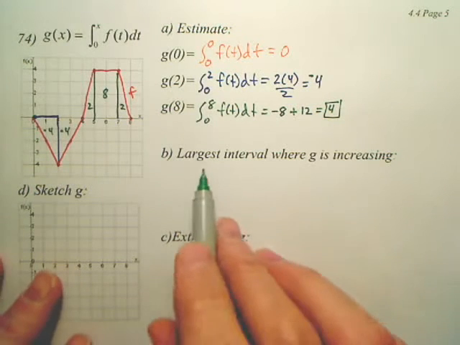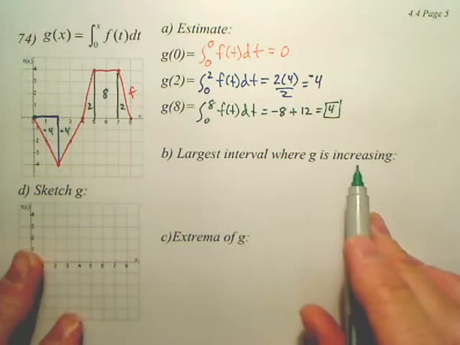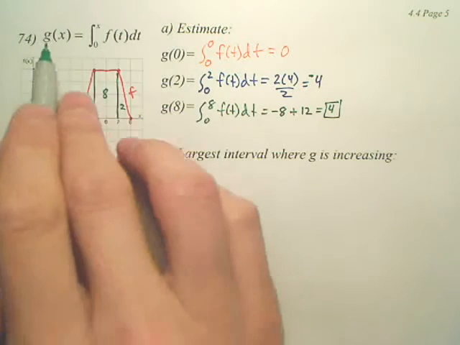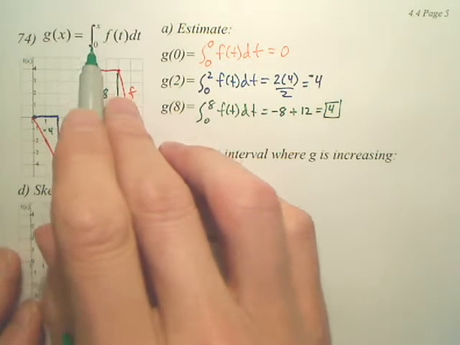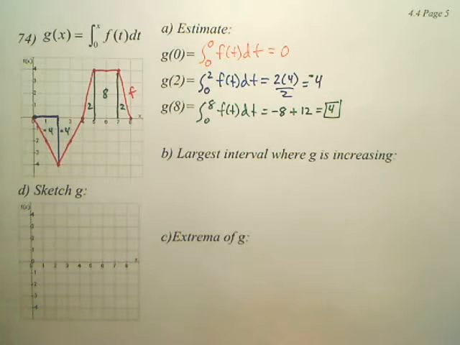Okay. The largest interval for which g is increasing. Remember, g is the area under the curve. So where is the area under the curve increasing? Isn't it where the area in the curve is positive?